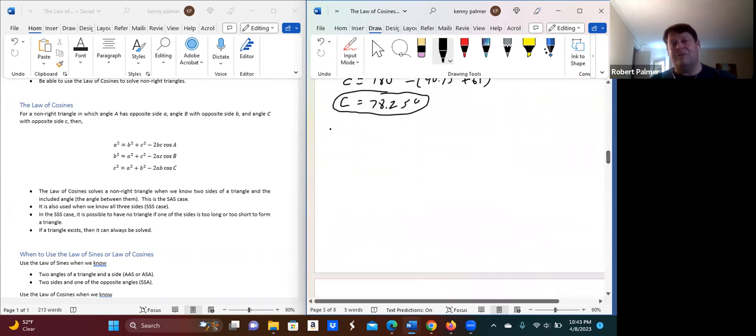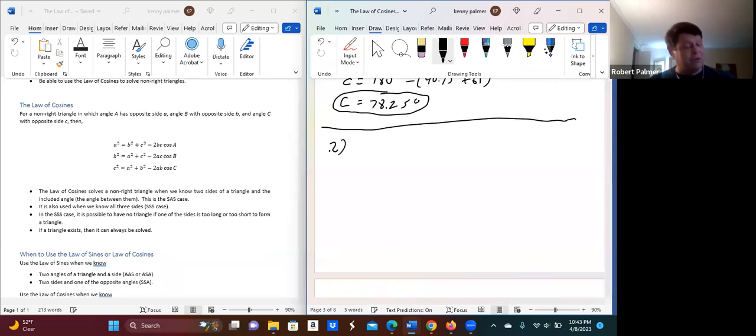Now, that obviously was the side angle side case. So example number 2, and this is going to be the side side side case. Let's say we have a triangle that looks like this. And so, of course, here is angle A, angle B, and angle C. And our sides are: this side is 4, this side is 8, this side is 10.